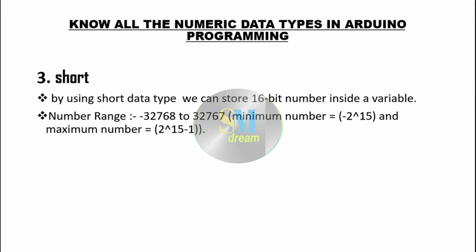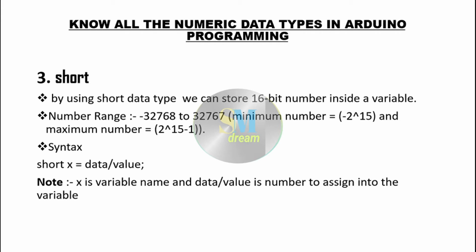The minimum number formula is minus 2 to the power 15. Why 15 here? Because 1 bit is used for the negative value. The maximum number is the same, 2 to the power 15 minus 1. The syntax is short x = data or value, where x is the variable and data or value is the number to assign into the variable. So this is the example.